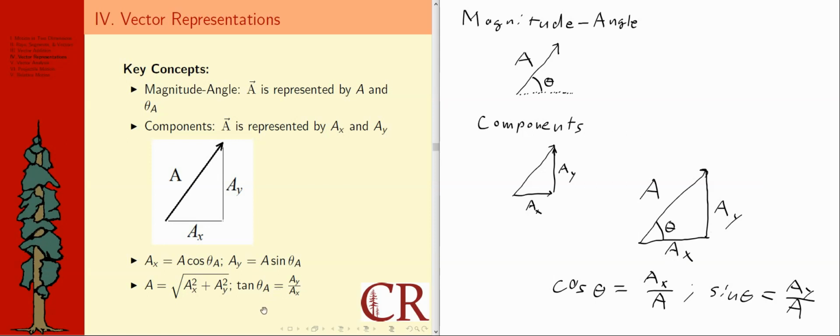Usually what you do is you would say theta is equal to tangent inverse of the ratio of these two components, but I didn't state that here because sometimes depending on what quadrant the vector is pointing in, that may or may not work. And so I usually draw a picture and figure out, is that the correct angle, or maybe I need to add or subtract 180 degrees from it, which is usually what winds up happening. So hopefully we'll see something like that when we look at some of the examples here.